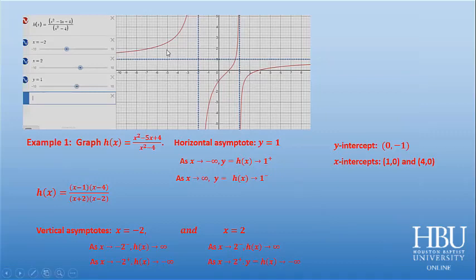How did I know that this branch of the graph was on this side of my horizontal asymptote rather than below? You can check by just substituting a value of x along here, say -7, into the function and plotting the corresponding point.